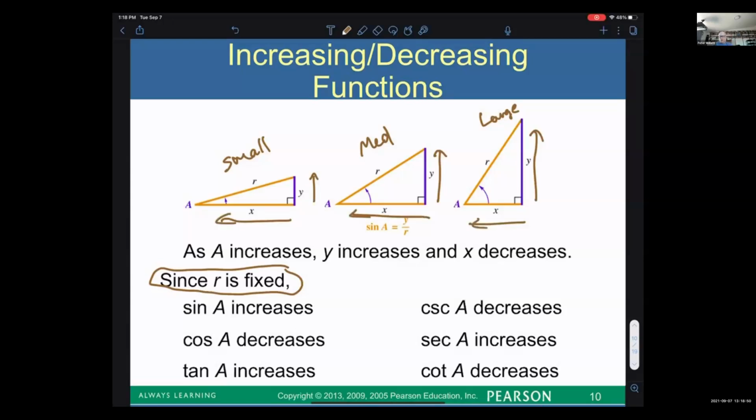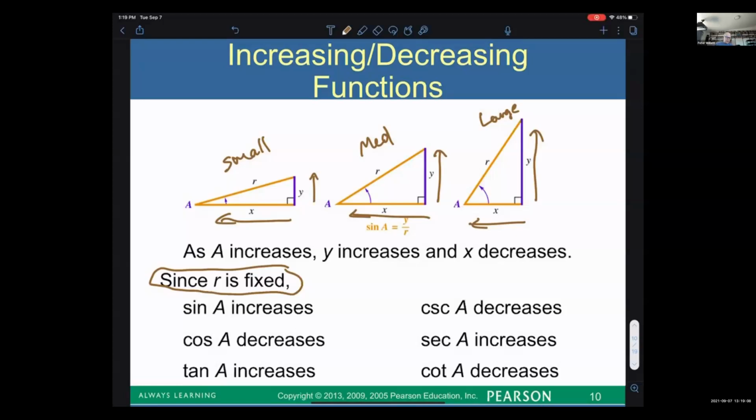As that angle opens up, since the R isn't getting any longer, then the Y side has to get taller, making it bigger. But since R is pulling everything over to the left because it's not getting any different in size, that forces the X value to get smaller.